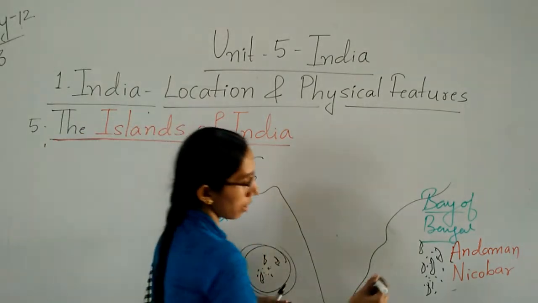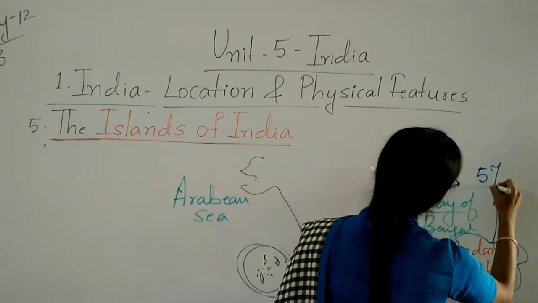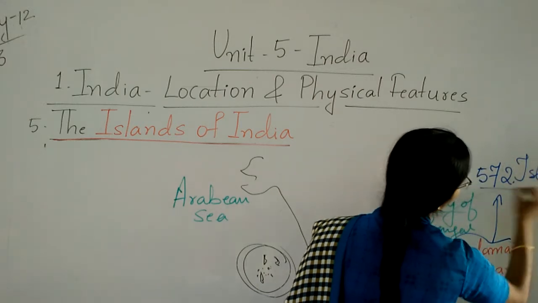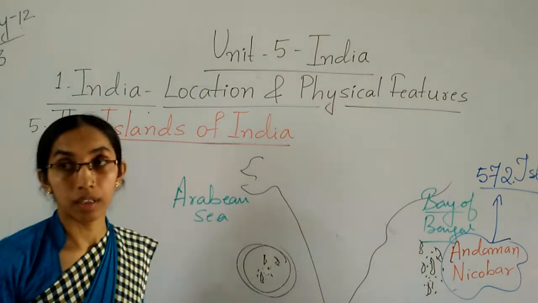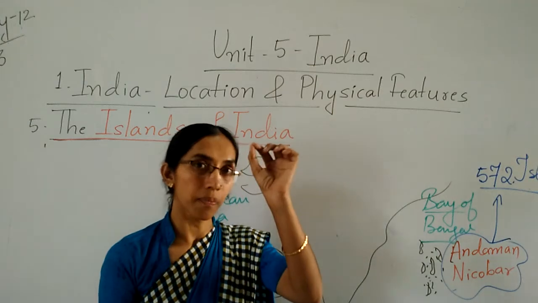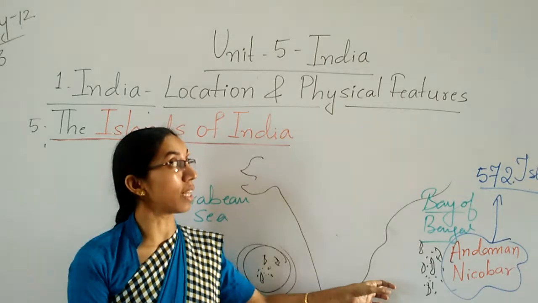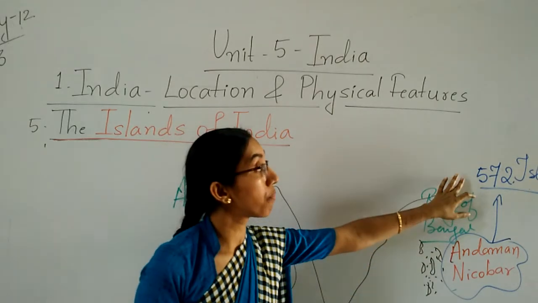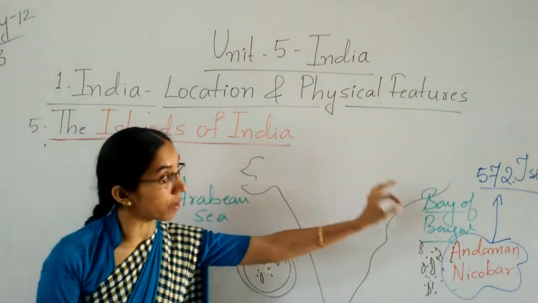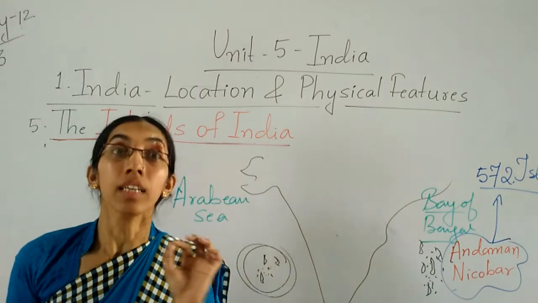How many? 572 islands. Just imagine, in the map we can see only the small dots. Those dots are called the islands. And in that 572 islands, there are only 36 inhabited.